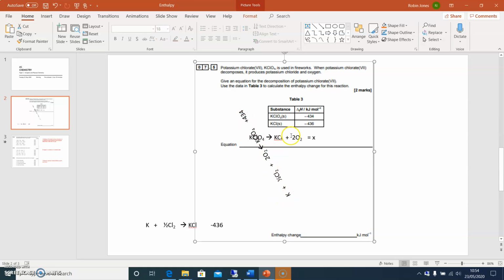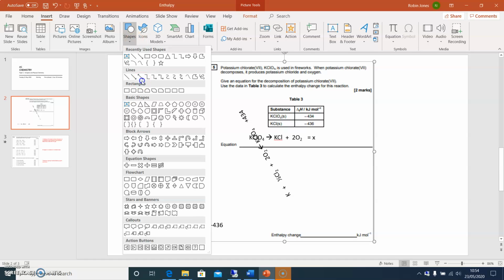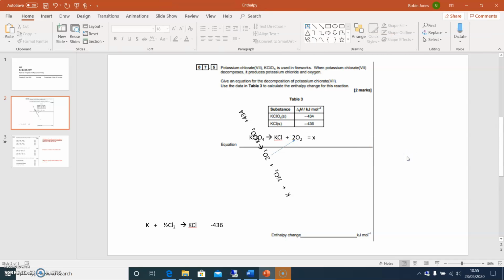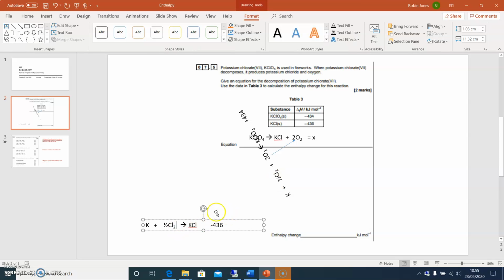Now, what's 2O2 going to 2O2? Well, they're the same. So let me just draw an arrow. That one going to that one. It's exactly the same. So the enthalpy change will be 0. I'm not turning it, I'm not changing it at all. Now, what do I need to do? I've got a match of KCl there, K and half Cl2. This is a straight match.